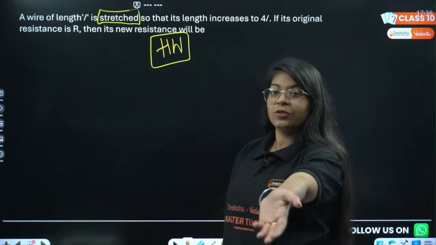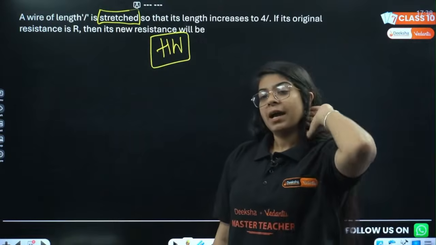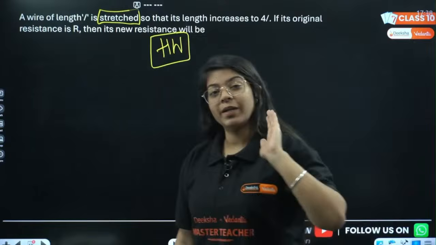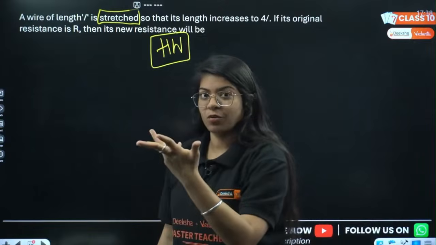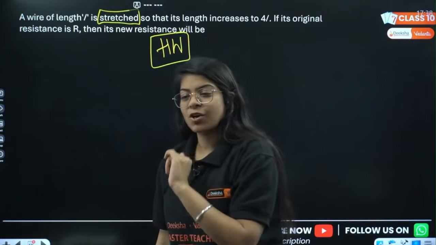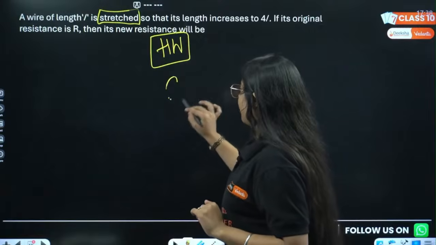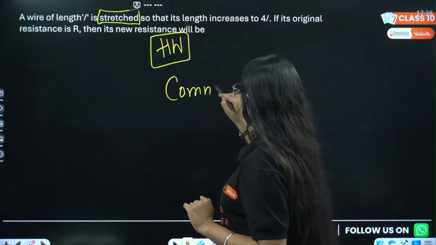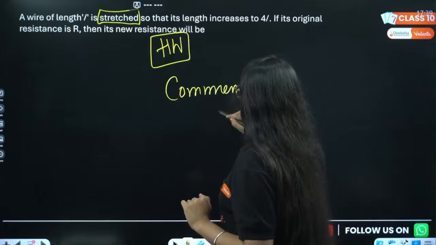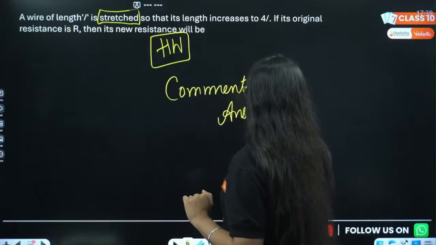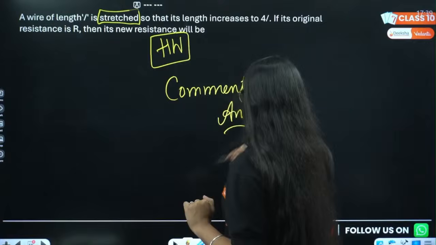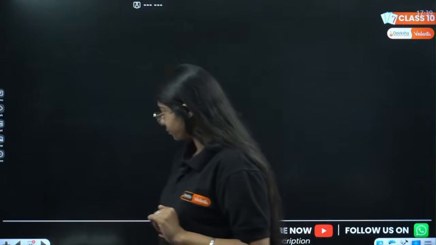If you solve it, you can let me know the answer in the live chat, but this is homework. If you solve it at your home, comment down the answer. Chalo, next.